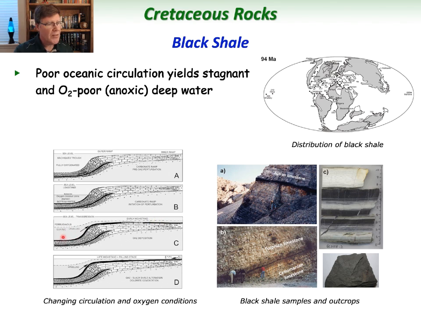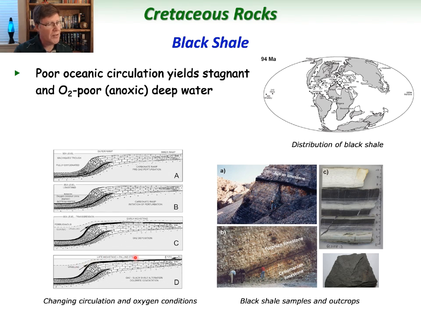Some of that anoxic deep ocean water then transgresses up onto the continental shelf, and its oxygen poor nature starts to allow the deposition of black shale on the continental shelf of these shallow inland seas.